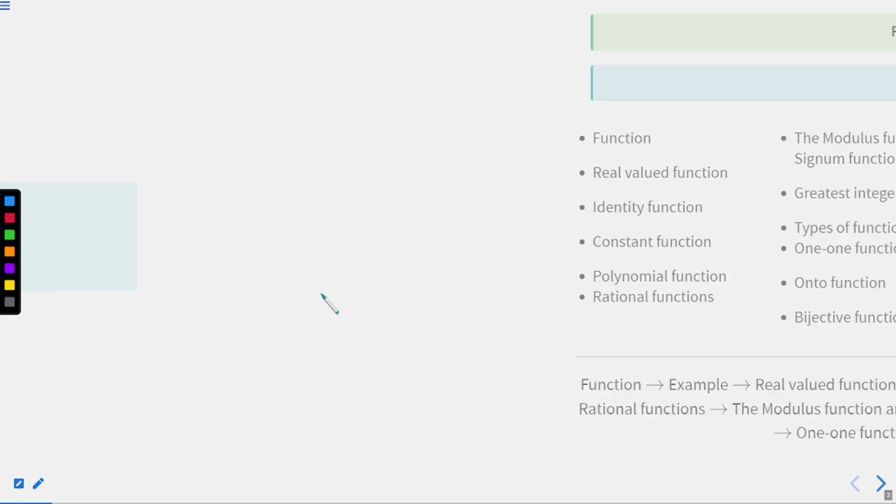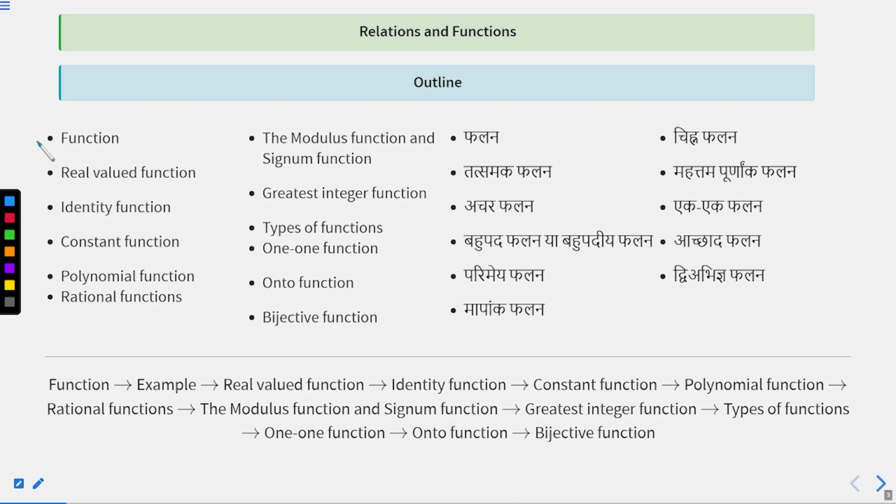Till now, we discussed a definition for function. We also discussed some functions and their graphs, such as the real valued function, identity function, constant function, polynomial and rational functions, the modulus and the signum function, the greatest integer function, and then we discussed the types of function, which are 1-1 and onto.